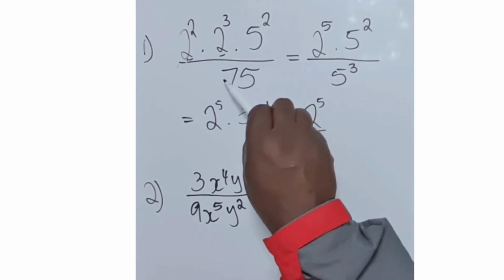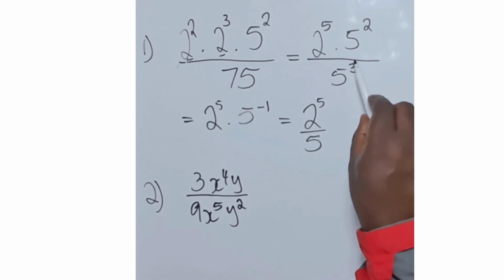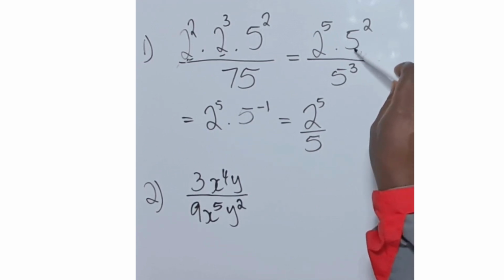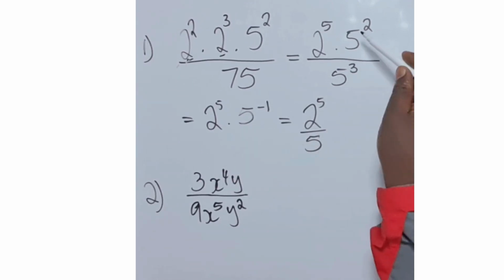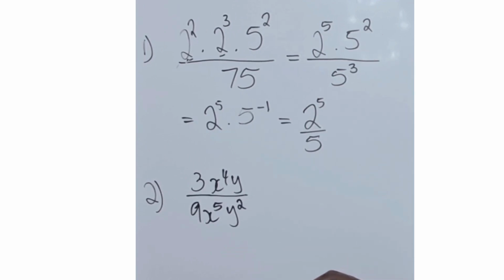But the denominator, what we did, we raised the denominator to power 3, because we then realized that now you will have a 5 base and a 5 base as your denominator. So the law says if the bases are the same and we are dividing, we need to subtract the exponents.